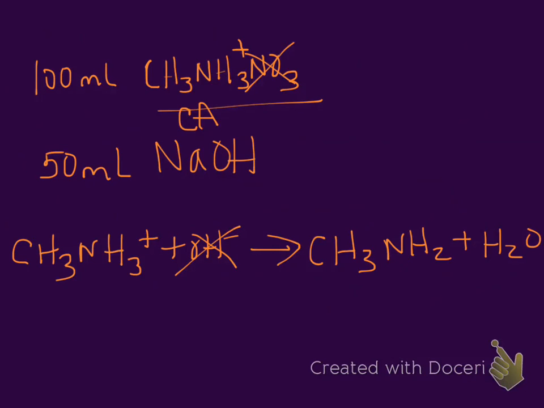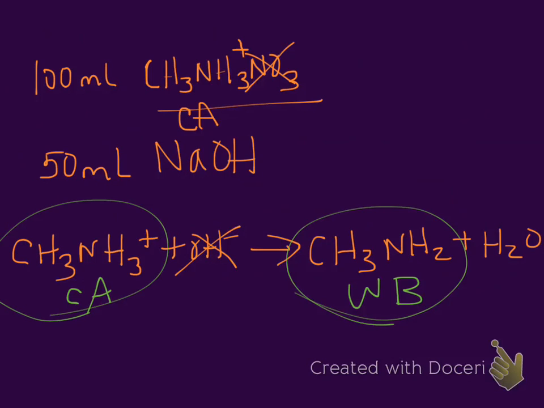So what you're going to be left with is your conjugate acid, that is a weak acid, but we'll label it conjugate acid, and weak base. If you have two of these in similar concentration, that is what makes a buffer. In the next podcast, we'll learn how to calculate the pH of a buffer.